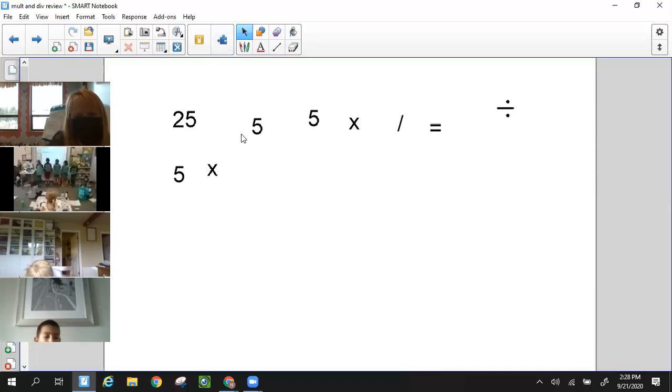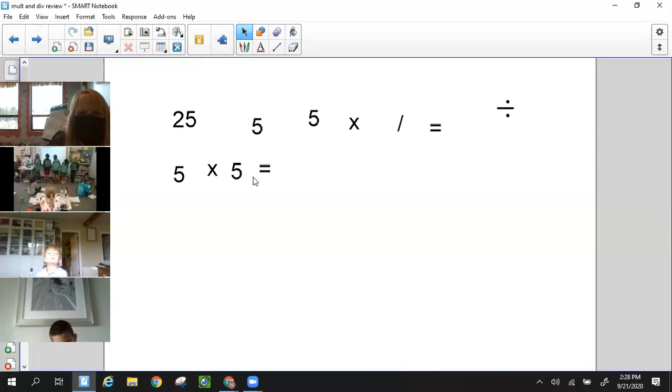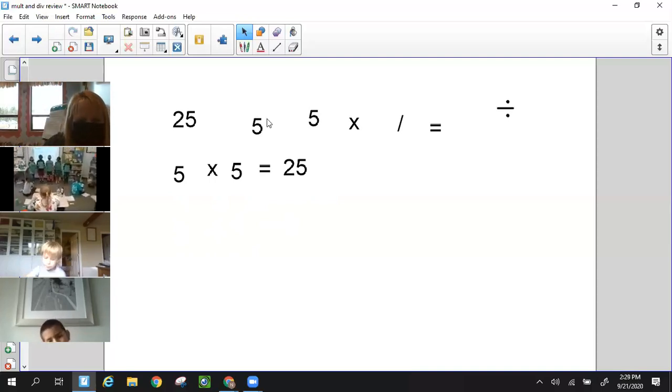5. Well, let's start with multiplication. 5. Yes, 5 times 5 equals 25. Now, go ahead and change those factors. Yeah, you can still move them.